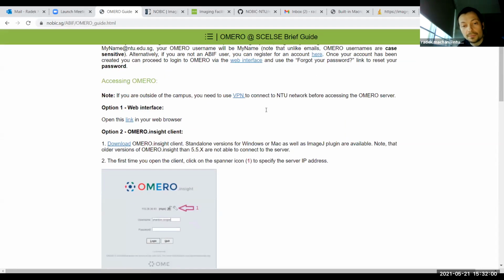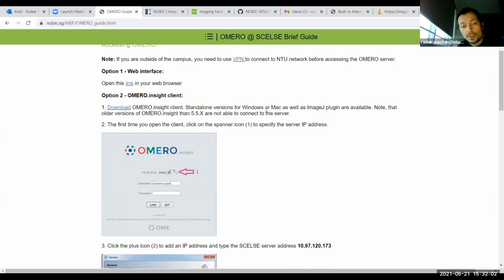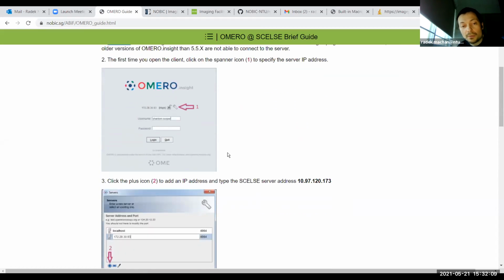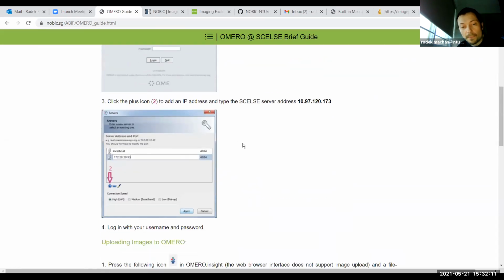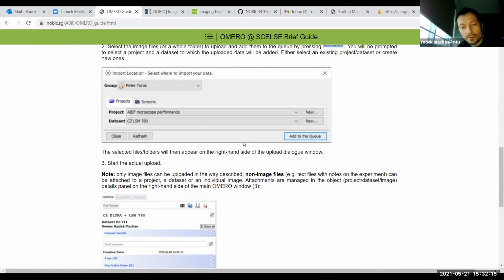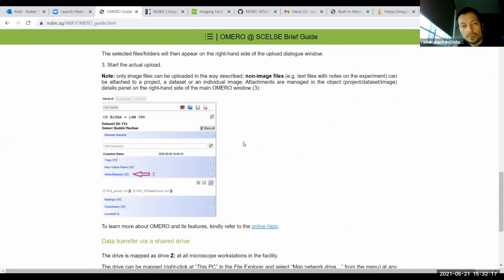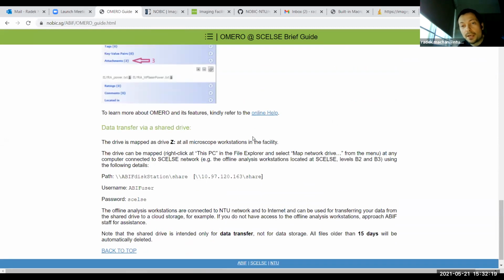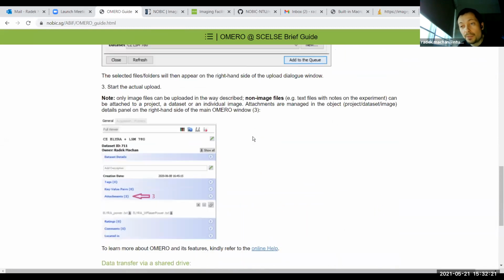There's also, have a look, a very brief guide on how to use Omero, how to upload images there, and you can store your images there.